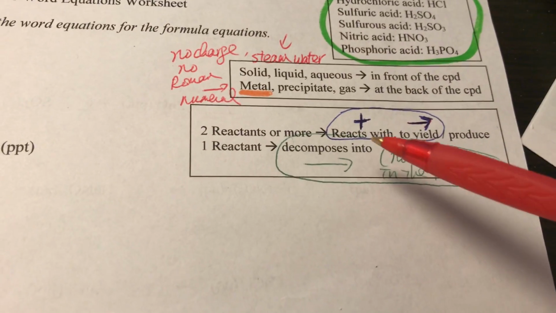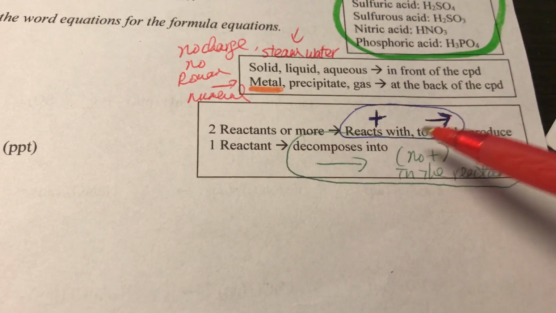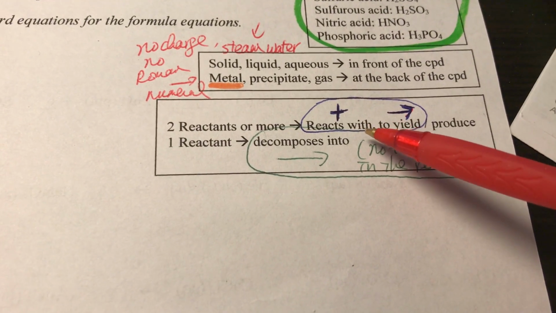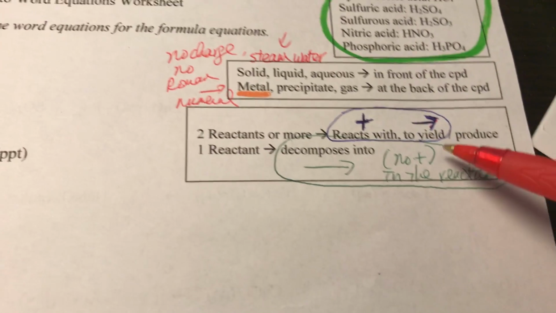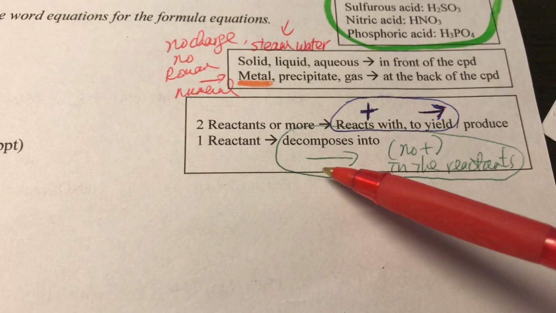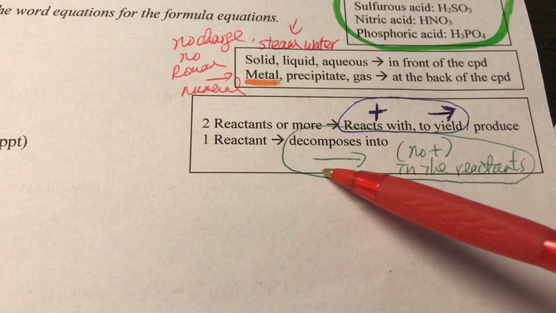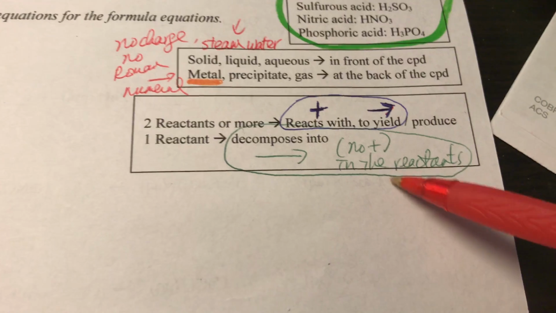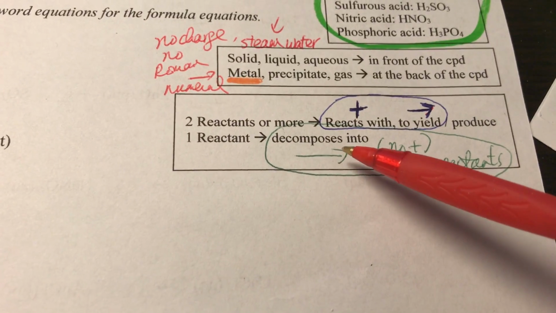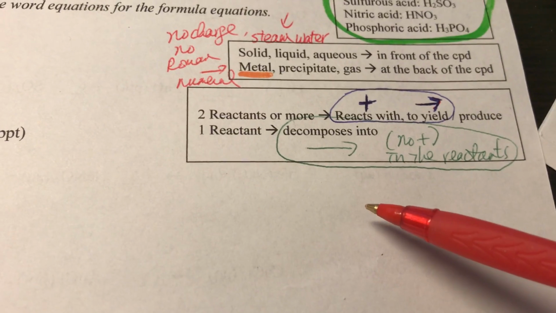We also notice that when we have a plus and an arrow, meaning two reactants or more, we will write react with and to yield, or to produce, or to form. This is one set. And when we have only one reactant, that's a decomposition, we will write the words decompose into, where we just have one arrow. We don't have a plus, we don't have a second reactant, so we just write decompose into, because we start with only one reactant and we don't have anything to react with.